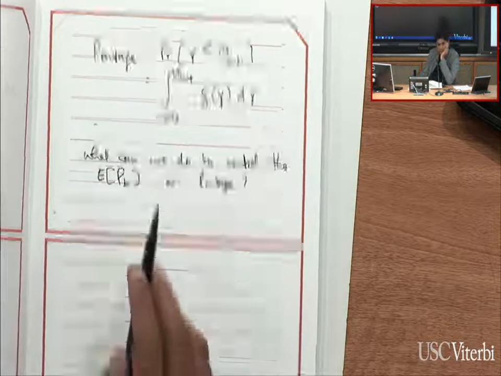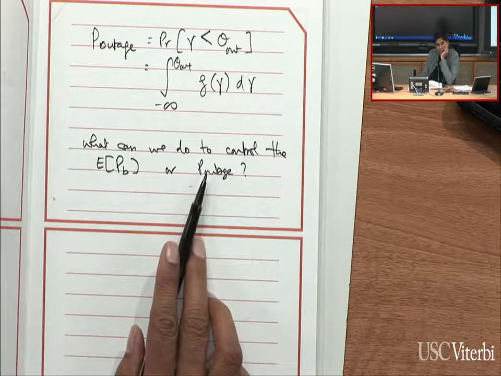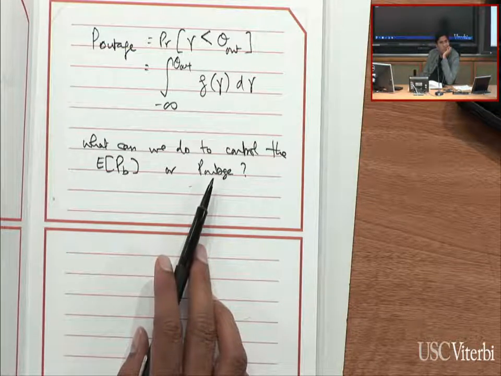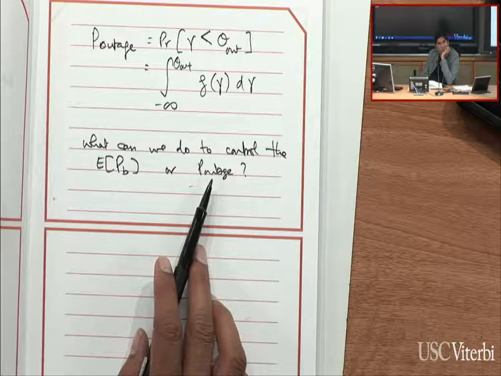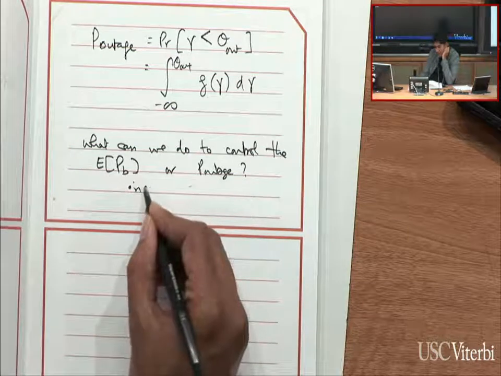If we want a lower bit error rate on average or a lower outage probability, what can we do as engineers? Increase the signal power. That's one thing that's always under our control.